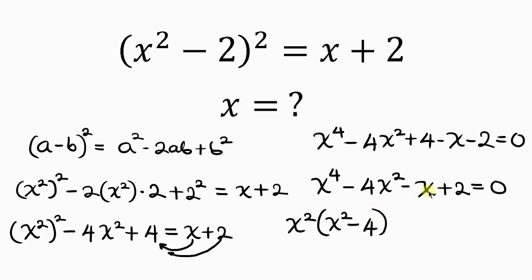Now for these other two terms, we're going to factor out negative, open brackets. Now negative x divided by negative 1, because there's an invisible 1 here. So negative x divided by negative 1, we have positive x. And then 2 divided by negative 1, we have minus 2. Very good. Close brackets. And this is equal to 0.